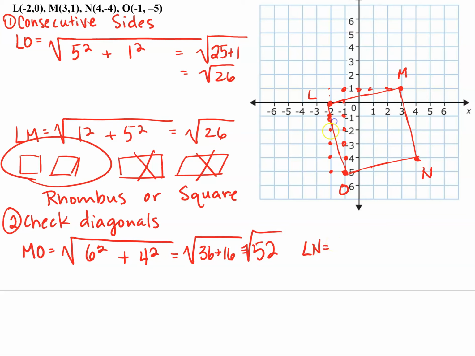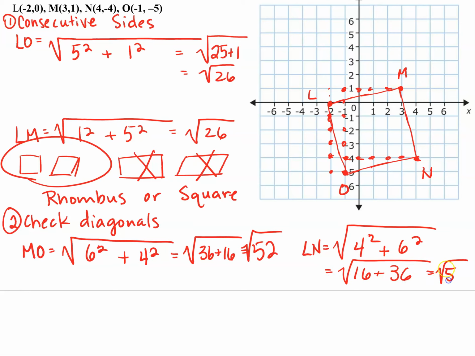I'm going to have to go 1, 2, 3, 4. 1, 2, 3, 4, and then I have to go 1, 2, 3, 4, 5, 6. Okay, so this equals 16 plus 36. I can see right now these numbers are going to be the same.